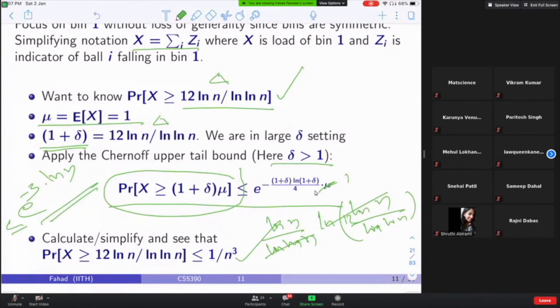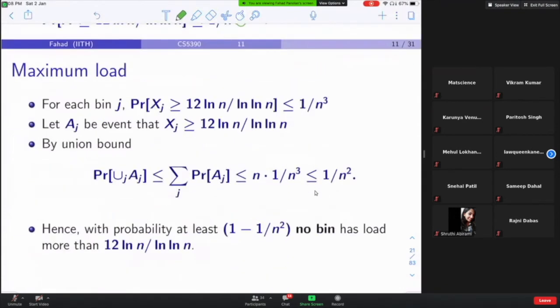Okay, so in the first bin, the probability that the load is more than capital delta is at most 1 by n cube. So now what do you do? You do a union bound. Let Aj be the event that in the jth bin, the load is more than capital delta. Now what is the probability that in one of the bins the load is more than capital delta?